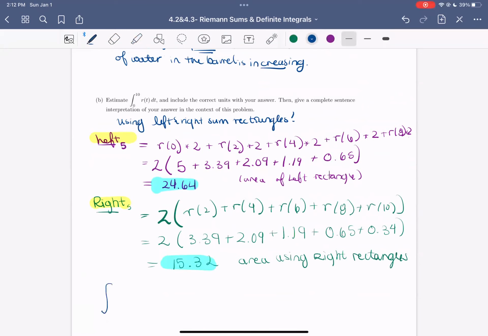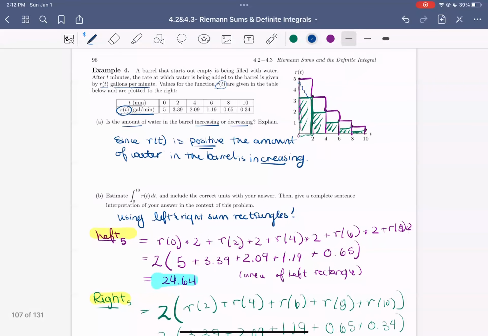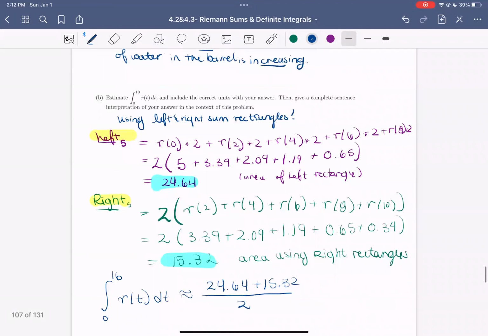So then the integral from 0 to 16 of r of t dt is about 24.64 plus 15.32 over 2. So the area occurs somewhere, we don't know what the function does in between, but the area is going to be somewhere in between these 2 values. So we're going to add them up and divide by 2 to take an average.